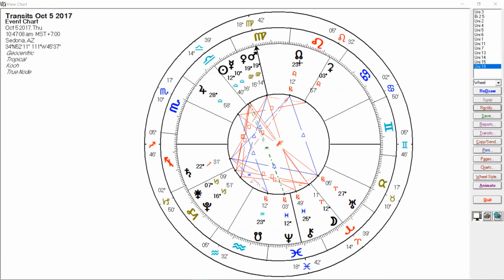So maybe a lot of our work in relationships with that Mars Venus in Virgo has to immediately refer to a need to be honest, a need to have integrity, a need to speak the truth.